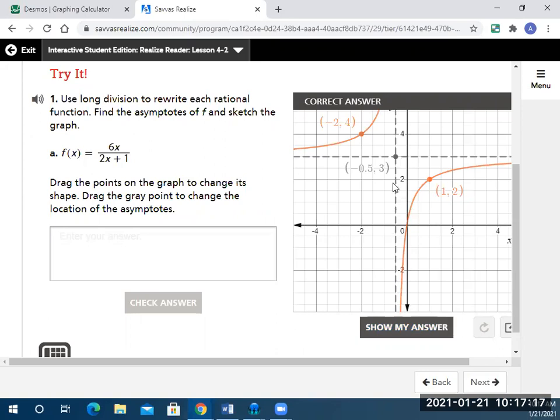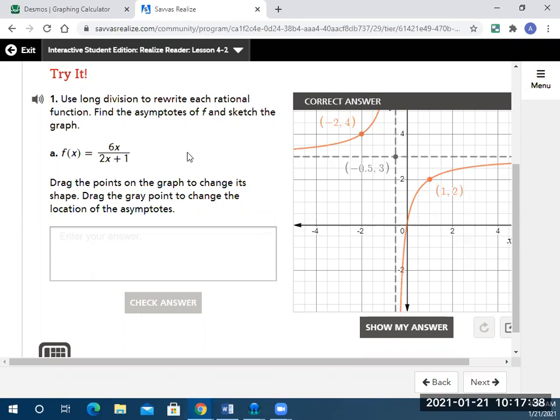So you see that the new asymptotes are at y equals 3 and x equals -1/2. Any questions on this one?